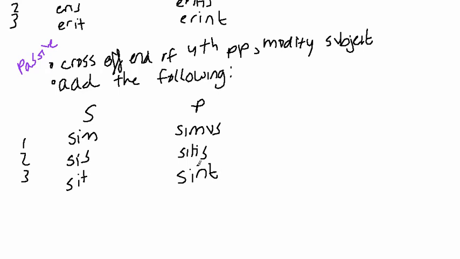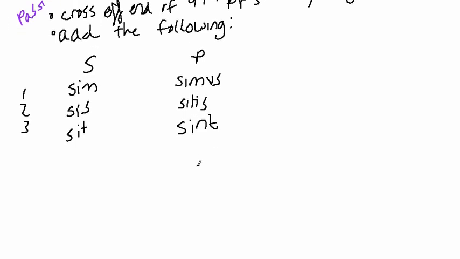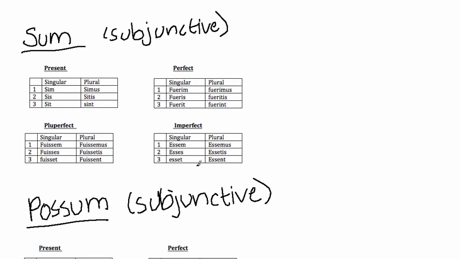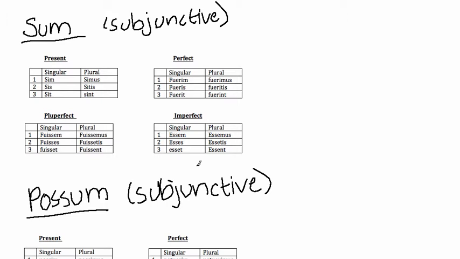And now we can go over the sum and possum subjunctive forms, and this is mostly a matter of memorization. I've made a few charts for you, and they're right here. This is the sum subjunctive. Sum is formed in its own separate way. If you remember the regular subjunctives, they're formed by taking a special connecting vowel and adding on m, s, t, mus, tis, nt.